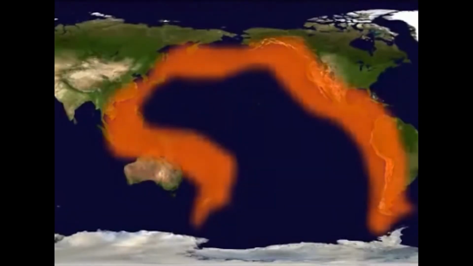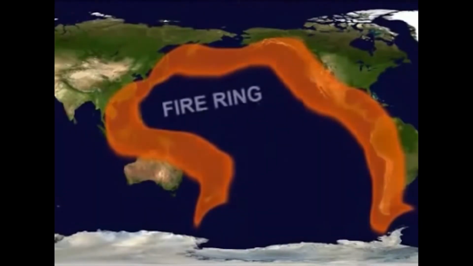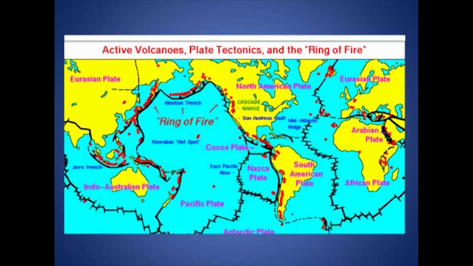The Ring of Fire, also known as the Circum-Pacific Belt, is a long horseshoe-shaped active belt and is the epicenter of earthquakes. Tectonic plate boundaries border the Pacific Basin, and the belt is a part of a chain of islands like New Hebrides, Tonga, and has the Indonesian archipelago along with the Kuril Islands, Japan, Philippines, and the Aleutians.